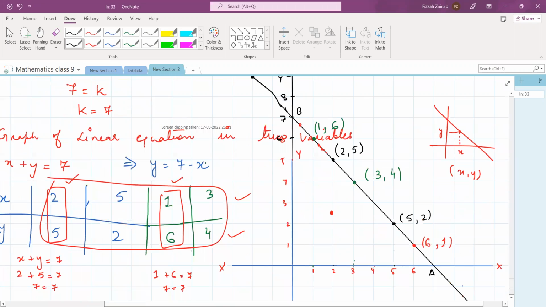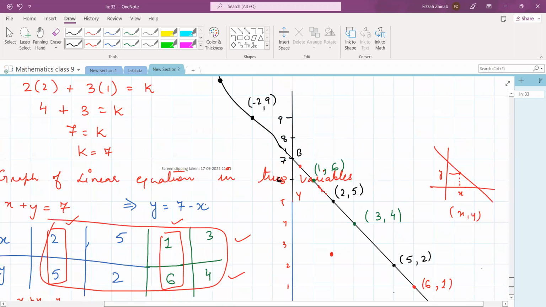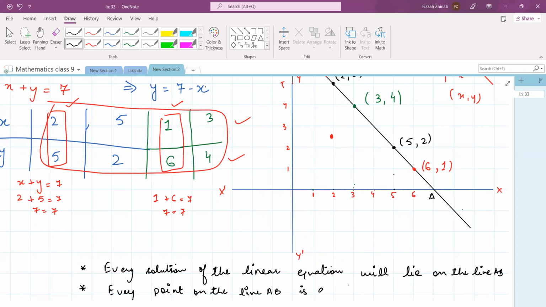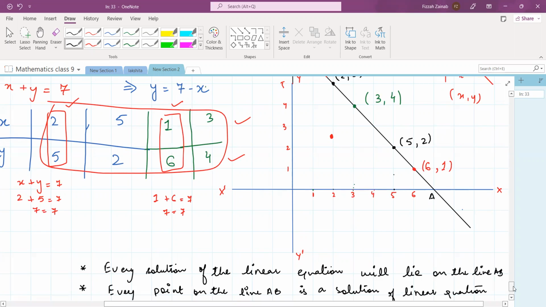So every solution of the linear equation will lie on this line. And the reverse thing I can say, that every point on the line AB is a solution of the linear equation. So basically, this is the same thing I'm saying. So I hope you have understood this thing, right?